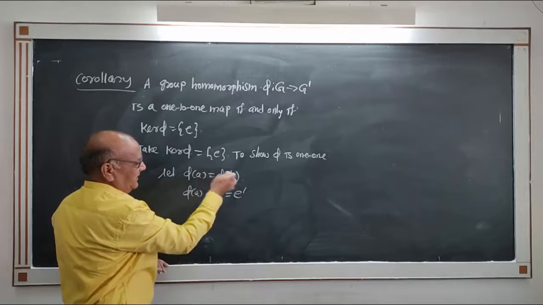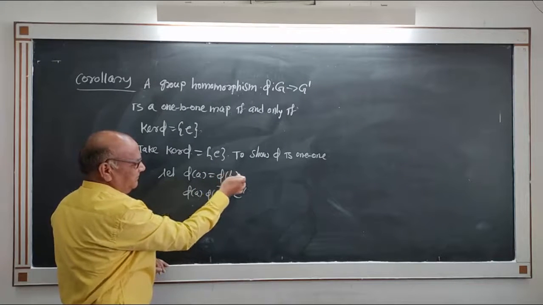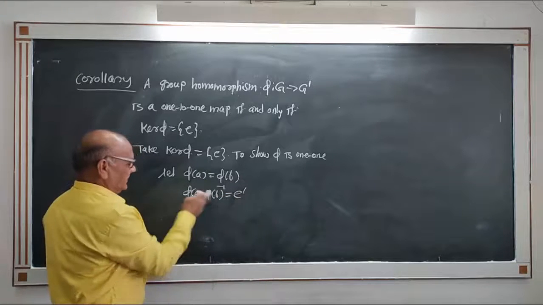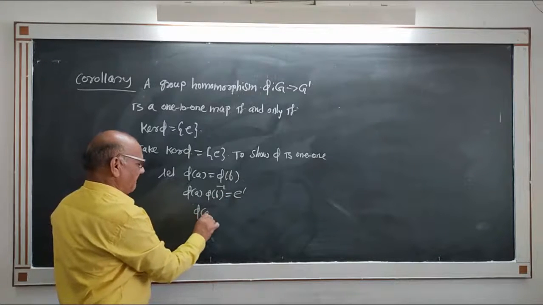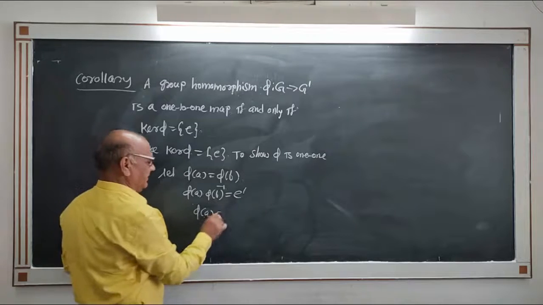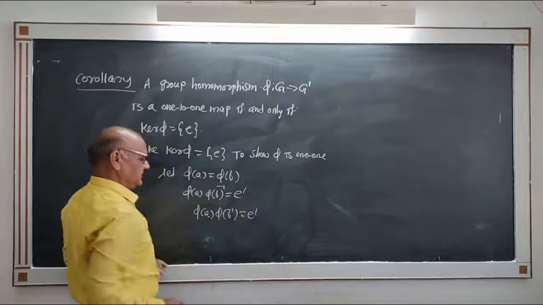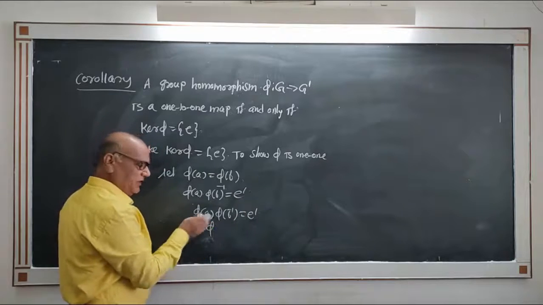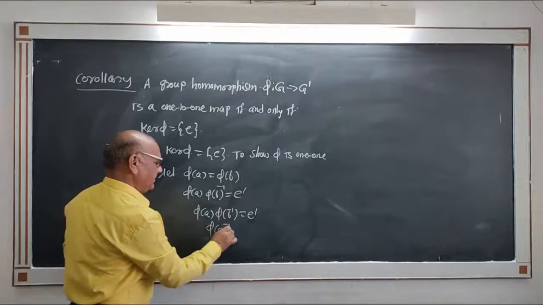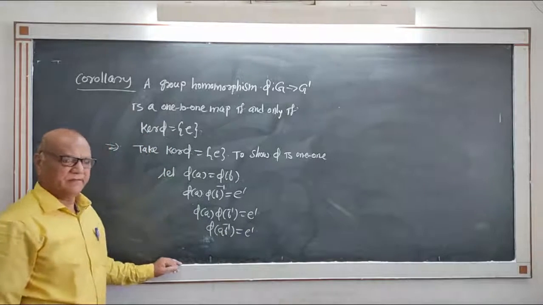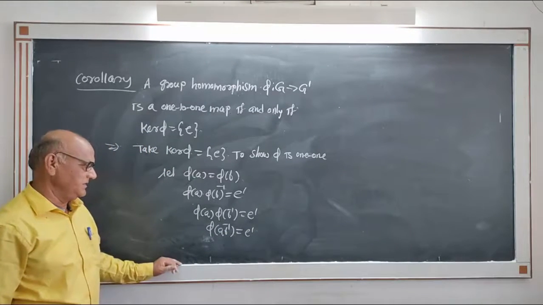Therefore, post-multiplying phi of B inverse to both sides, we get E dash on the right-hand side. So phi of A times phi of B inverse is equal to E dash. Using homomorphism, phi of A B inverse is equal to E dash.